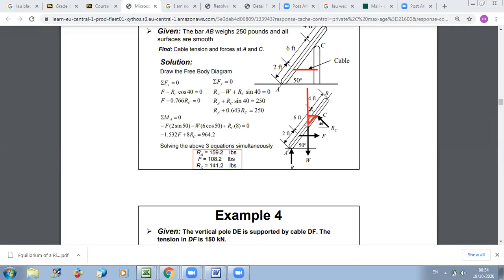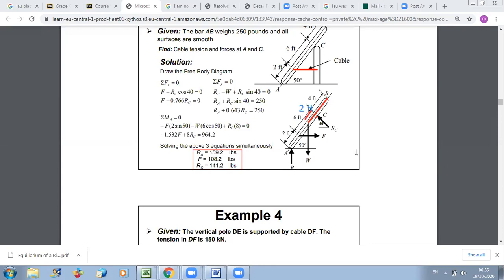Because it's at the middle, the total length of your bar is how much? Look, you have 4 plus 6 plus 2, 12. So your center of gravity is at 6 feet from point B, and it's at 2 feet from point C. So this distance from the weight to C is 2 feet, okay?